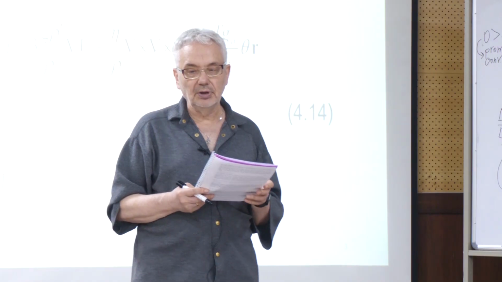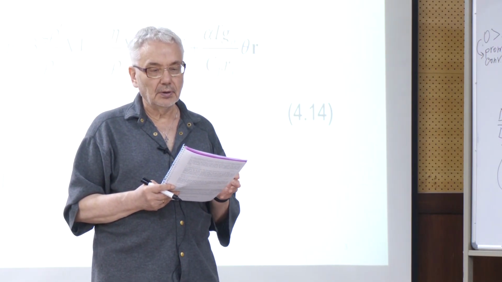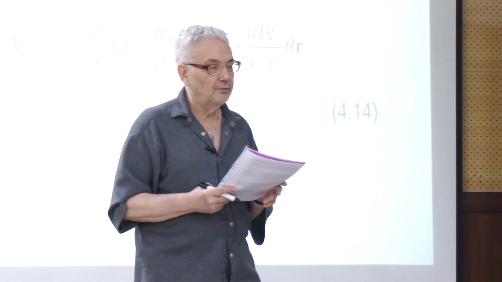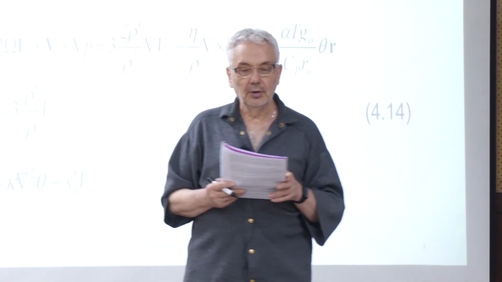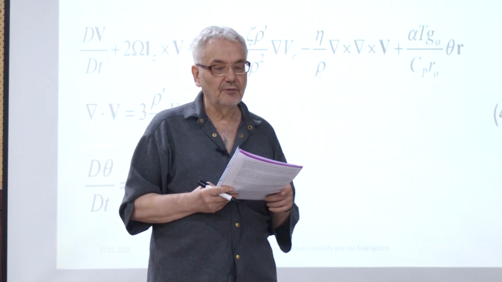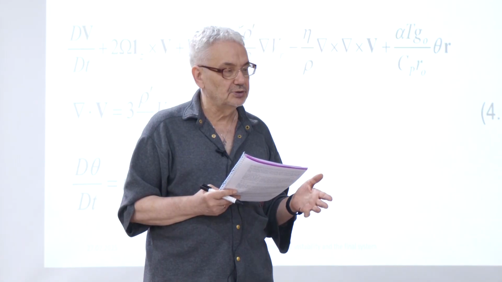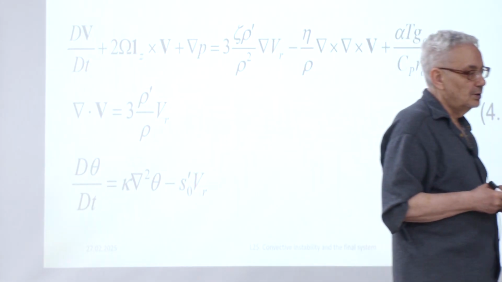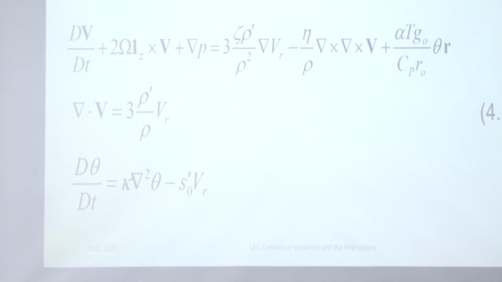No slip condition means that directly on the boundary we have zero velocity in the system of coordinates which are taken together with this boundary. So this is another representation of the no slip condition.